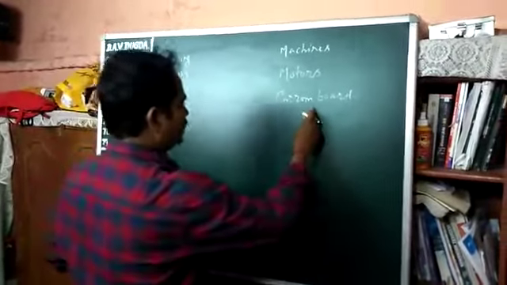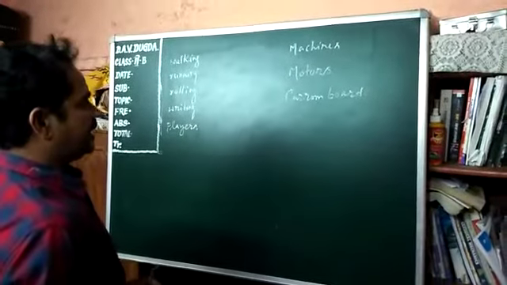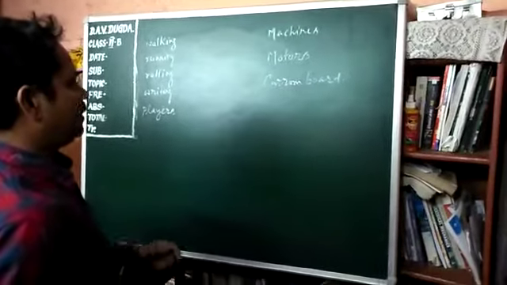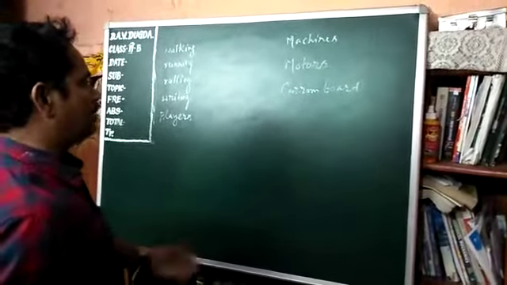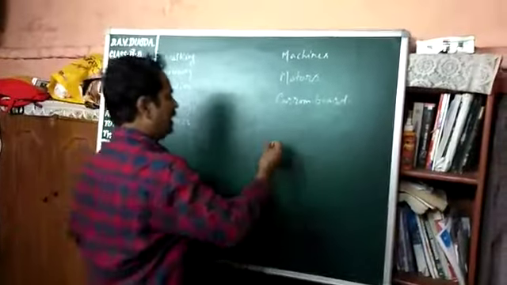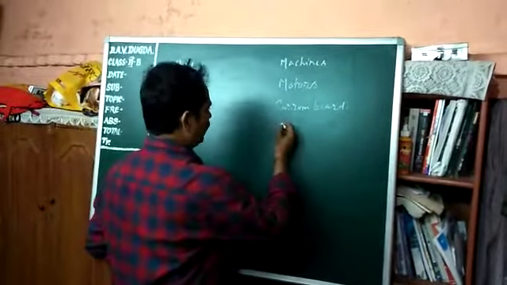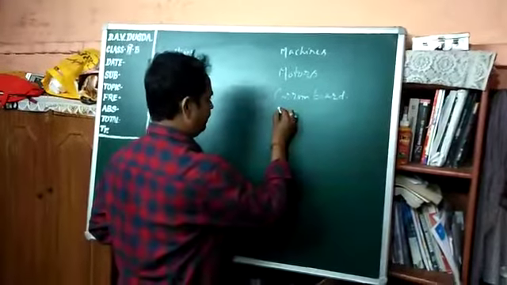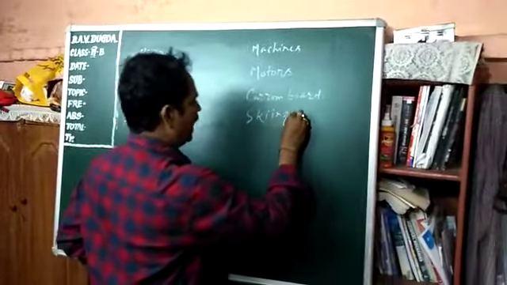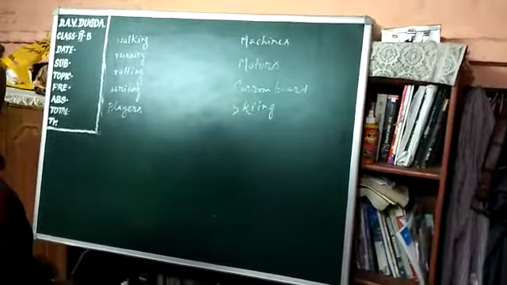And we need to reduce friction in a carom board, where a striker strikes a counter and it rebounds, so many things happen, and we need a lesser value of friction here. We also need a lesser value of friction in ice skiing. All of you have seen ice skiing? We need a lesser value of friction there also.